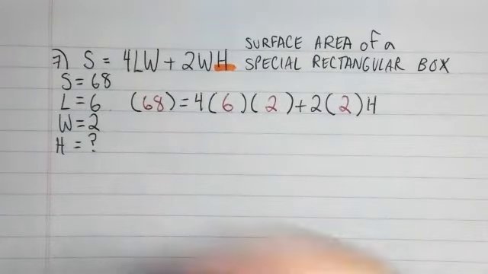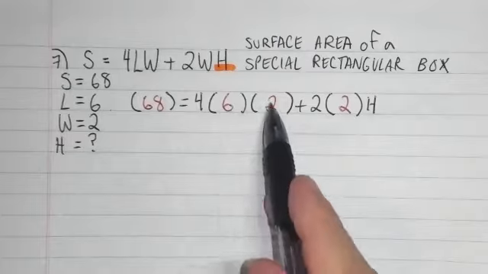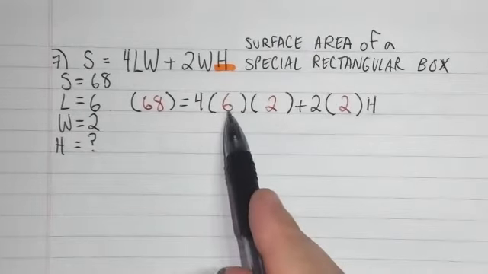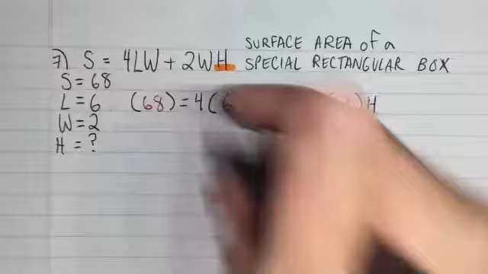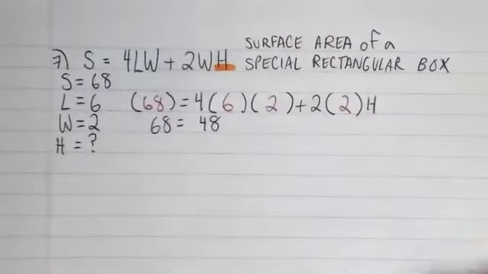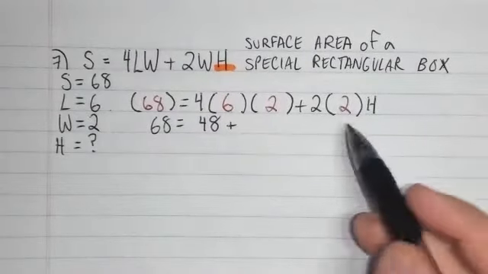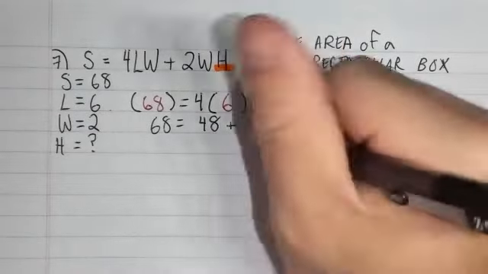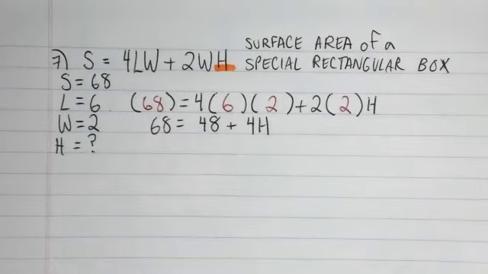Once we do that, we're just going to simplify these things. We know all 3 of these are multiplied together, so it's 4 times 6, which is 24, and then 24 times 2 is going to give me 48, plus, what's 2 times 2 give me? 4, and then 4 times H gives me 4H.